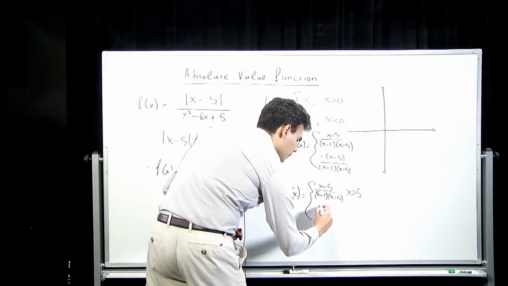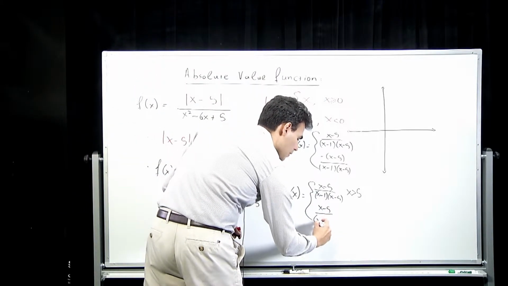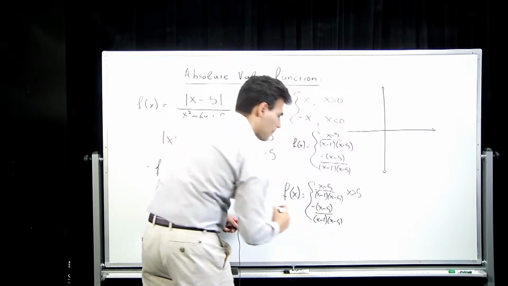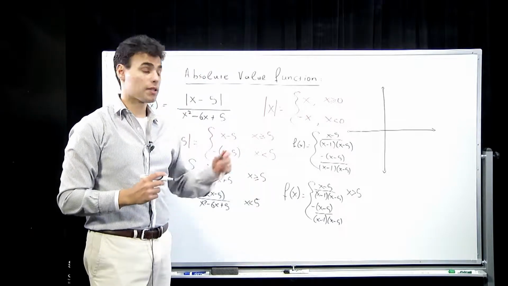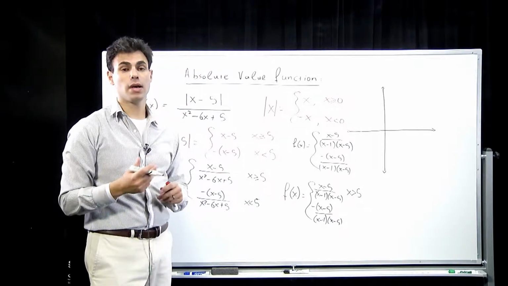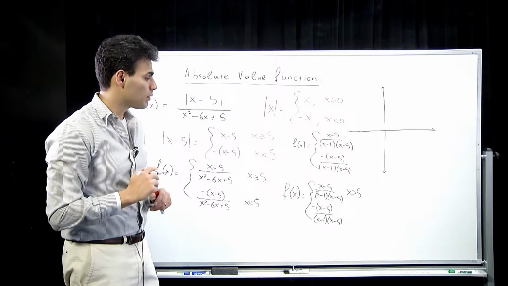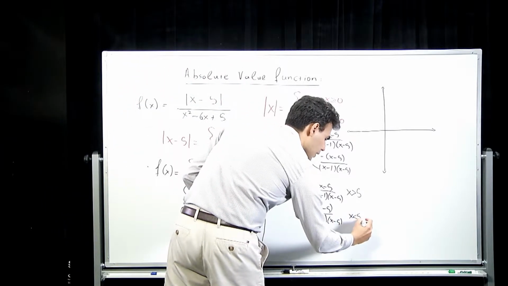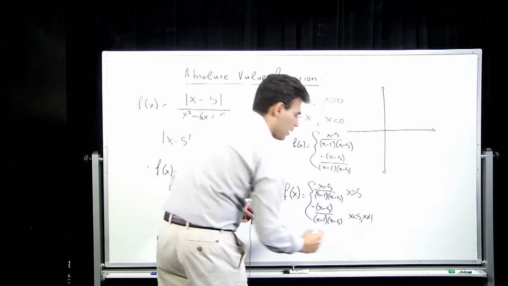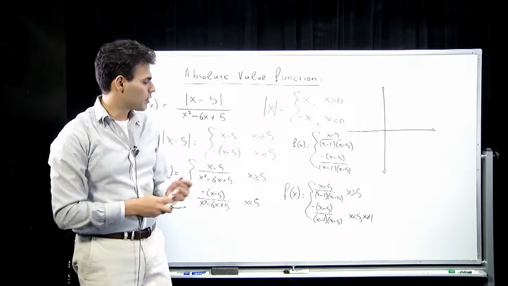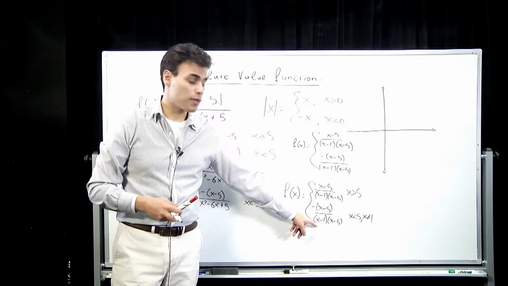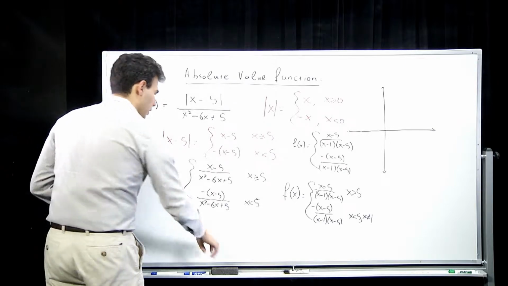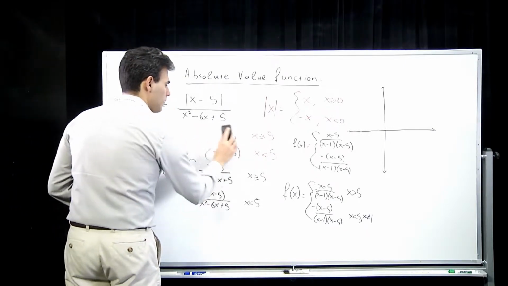Now, the other form, x minus 5 over (x minus 1)(x minus 5) but with a minus here, is true when x is strictly smaller than 5, and actually we have to skip over 1. So the best way to write it is x smaller than 5 and x not equal to 1. I have excluded 1 because that makes this part of the denominator 0, therefore the whole fraction does not exist there.